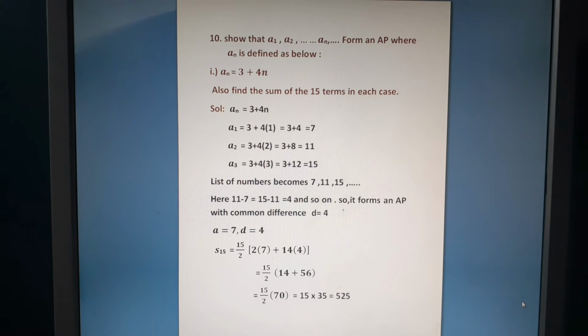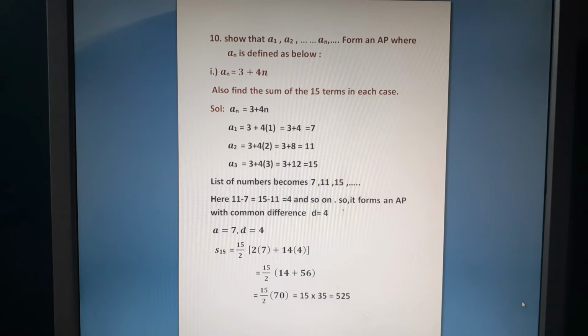To find S15, a is equal to 7, d is equal to 4 and n is equal to 15. Here we will use Sn equal to n by 2 into (2a plus (n minus 1) into d). S15 is equal to 15 by 2 into (2 into 7 plus 14 into 4).